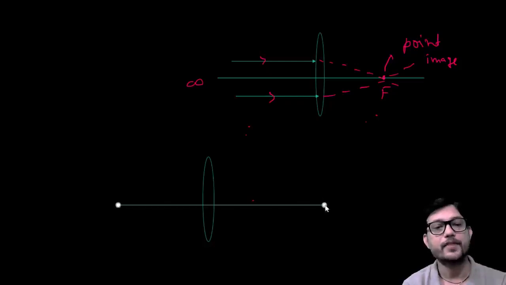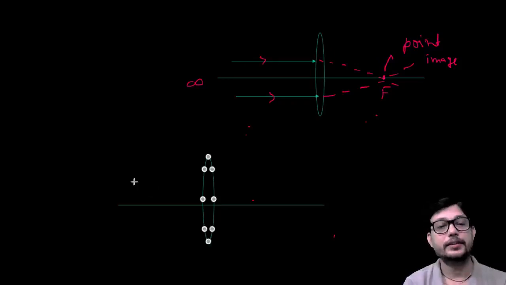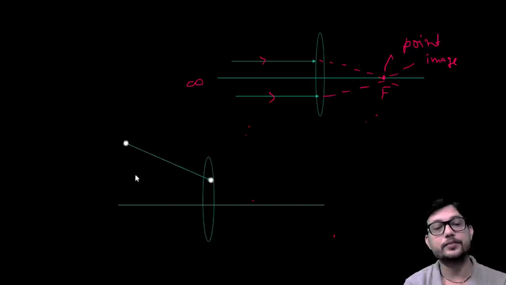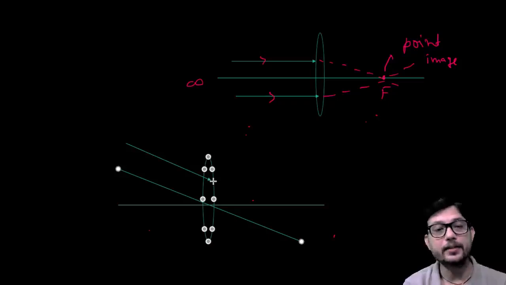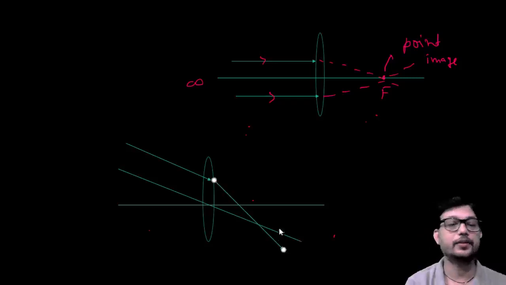The first ray is coming like this, and this is the second ray which is also parallel. This is your second ray which passes through the optical center, and this ray finally passes through the focus like this, okay.